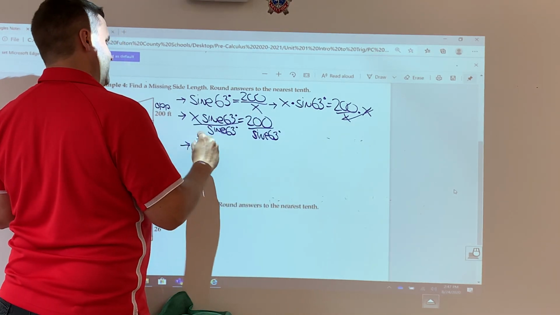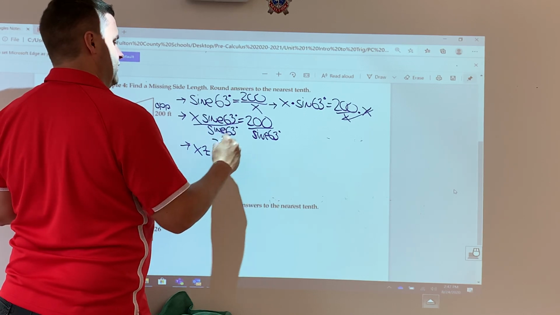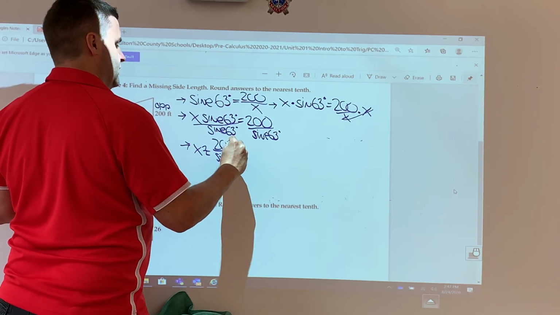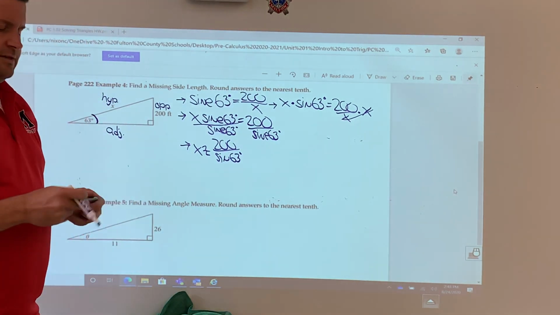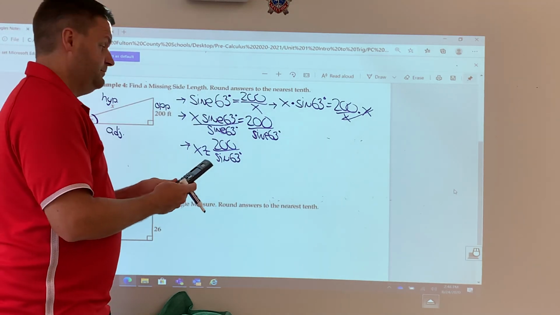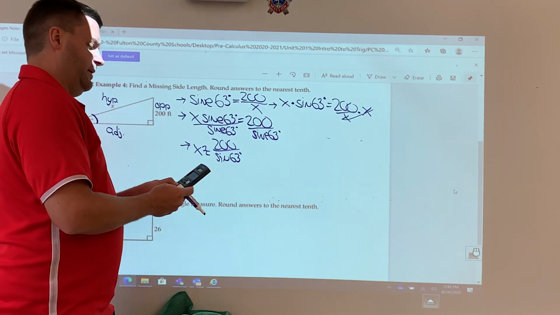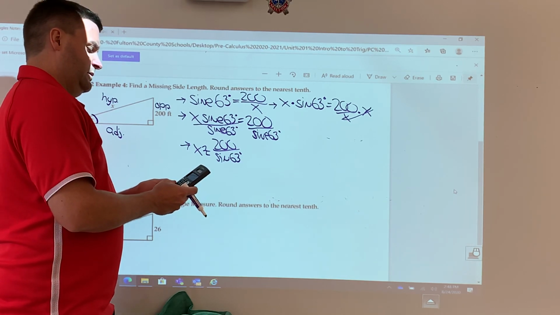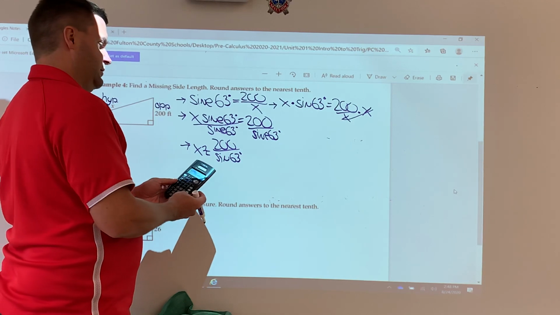So then x is approximated to be 200 over sine of 63 degrees. And so again, we're going to plug that into the calculator. We're just going to hit the fraction button and then type in 200 over, in the denominator it's sine 63, close parentheses, hit enter.